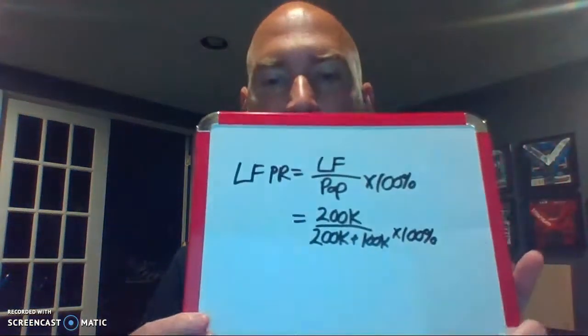So you get the labor force, 200,000, plus the people not in the labor force, 100,000. So you get 200,000 divided by 300,000 times 100%.